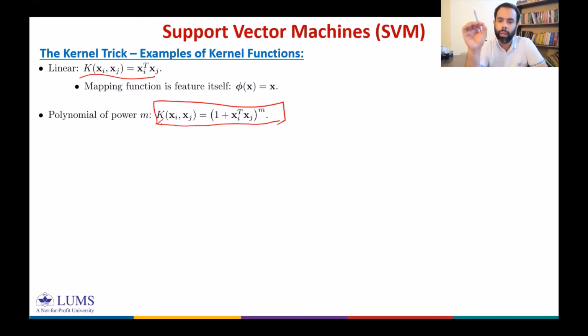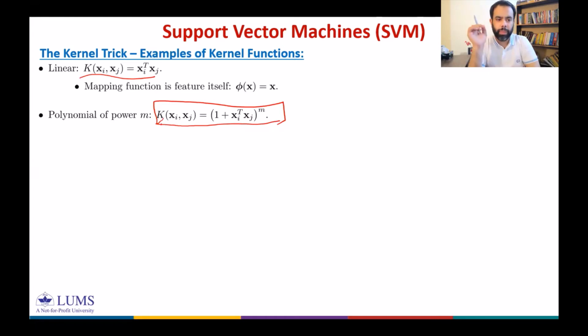So we have a kernel. The kernel gives us some quantity that depends on xi and xj. But this quantity is equivalent to the inner product of the 2 points that are obtained by mapping xi and xj through some mapping function.